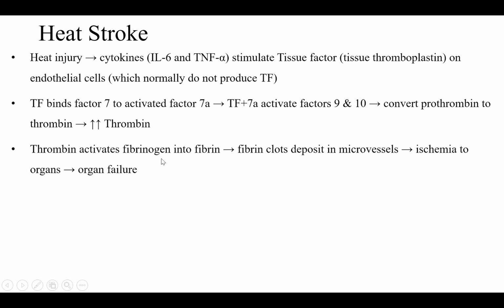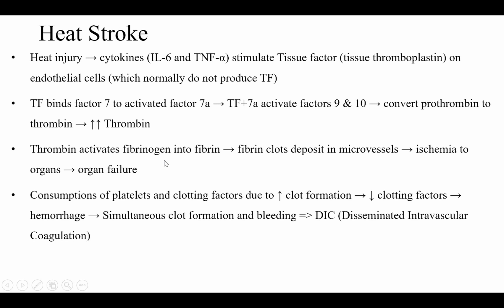Thrombin activates fibrinogen into fibrin, and fibrin clots then deposit in microvessels. Once you have fibrinogen converted to fibrin, you have aggregation of fibrin monomers, and these form clots, and those clots deposit in microvessels, which cause blockage of blood flow and cause ischemia to the organs, and this is another way you have organ failure.